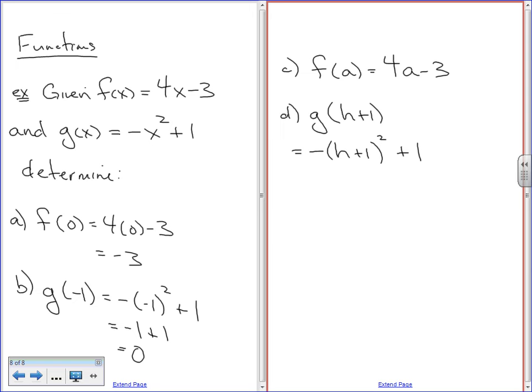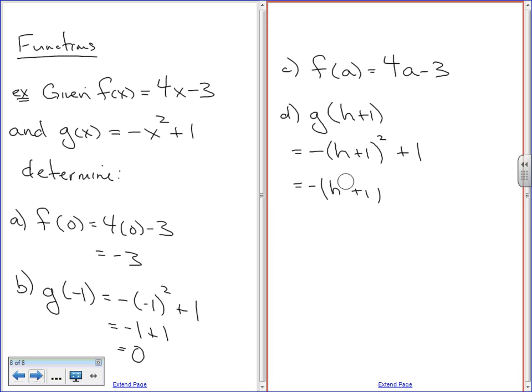Okay, so again, one of the most common mistakes people are going to make on tests is they're going to give me this answer right here. So that's h plus 1 squared. Why is it? Right, exactly. Okay.